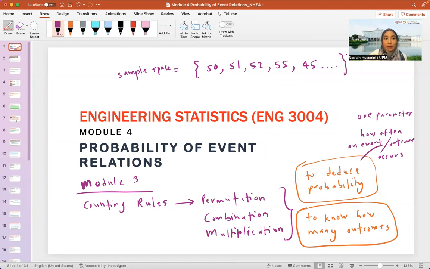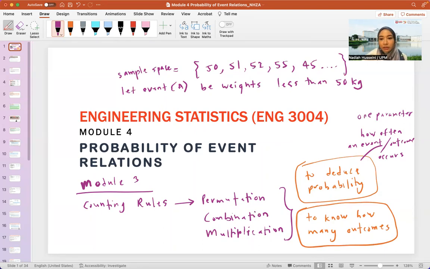And then I want to say, let event A be weights that are less than 50 kilograms, not milligrams.